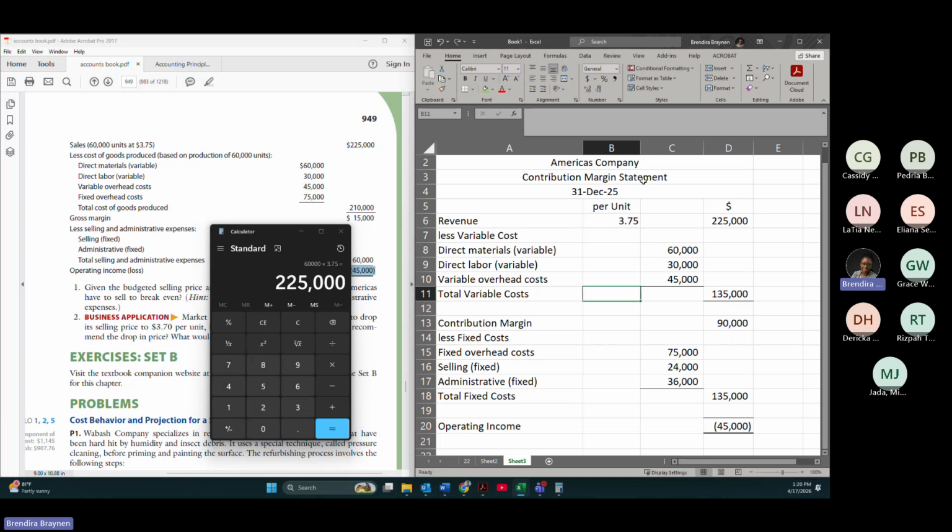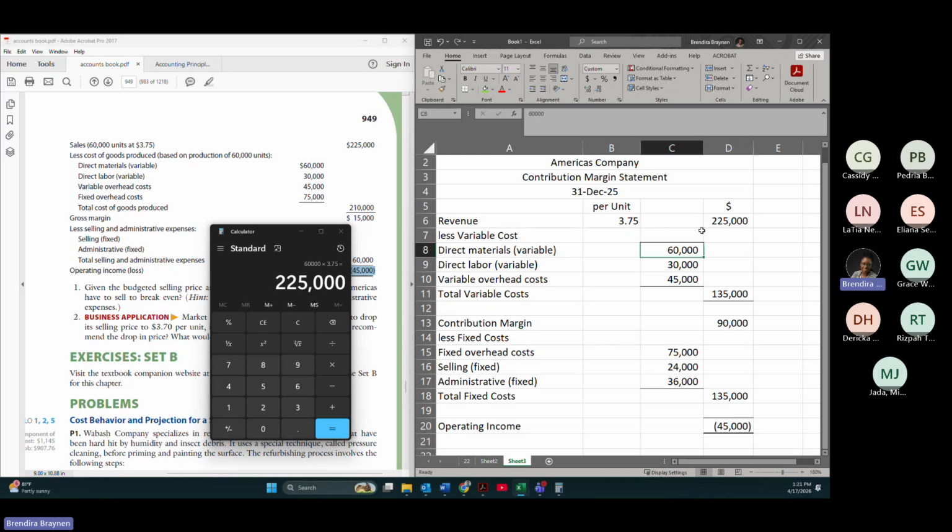Then our variable cost is what you show next. We have 60, 30, and 40. They don't tell us anything over here, but variable cost is the variable cost per unit times the number of units that I sold.